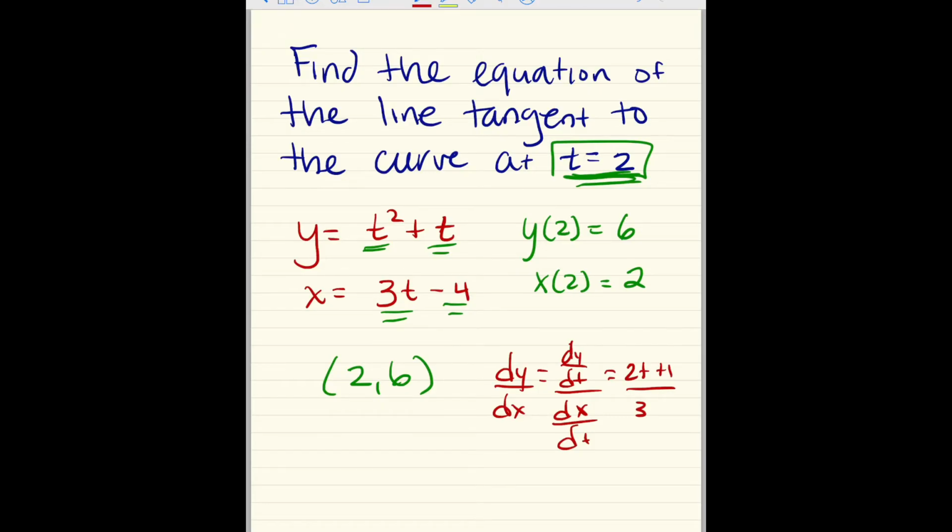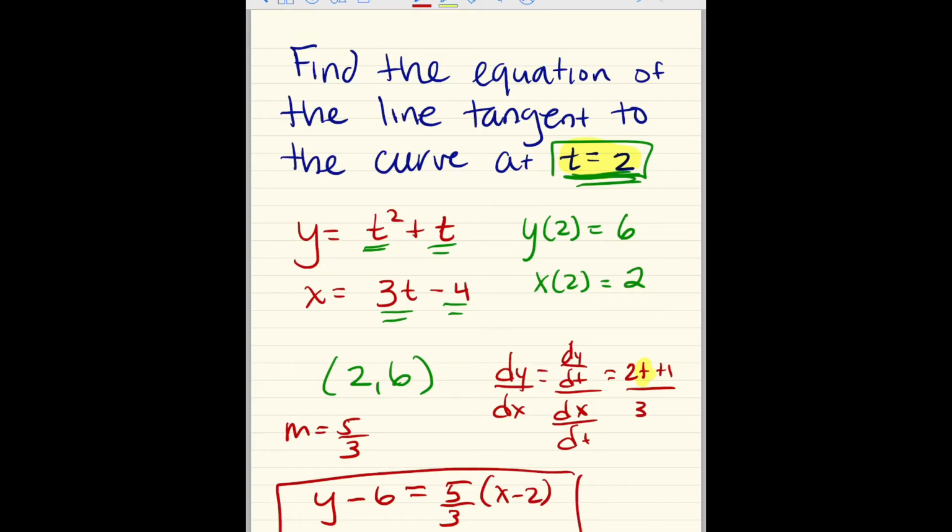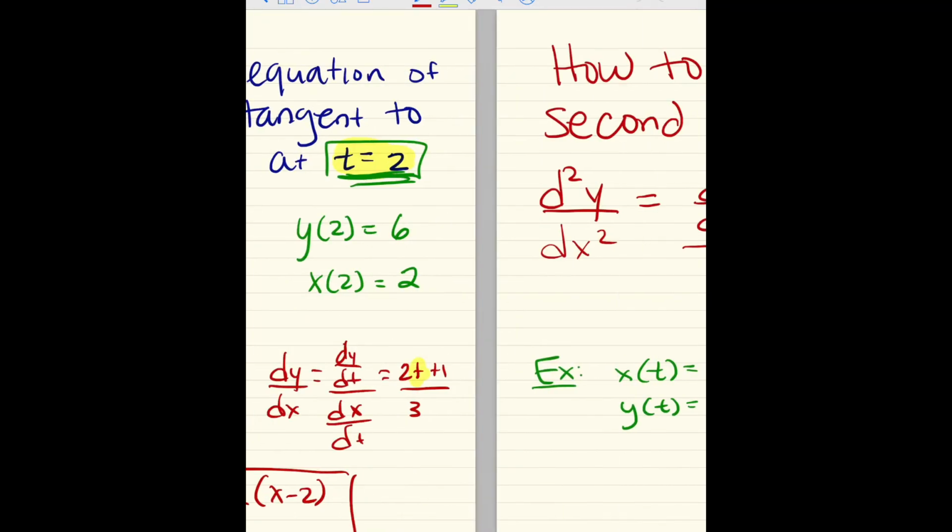You plug in, remember, this is a t, so you have to plug in the t. And that's going to be 2 times 2, 4 plus 1 is 5, and then you get 5 thirds, and then you just say y minus y1 is equal to m times x minus x1. And then you could just leave your answer just like that. If I'm going too fast, slow it down, but it's pretty basic.